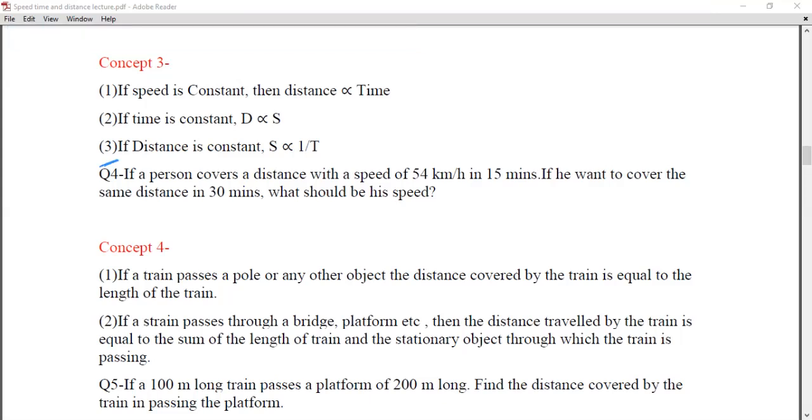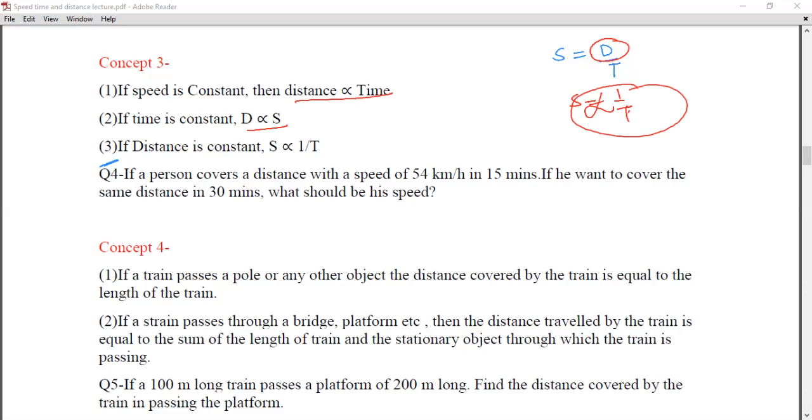Whenever distance is constant, speed is proportional to the inverse of time. As you can see, the formula for speed is distance over time. They are saying that the distance value is constant, it is not changing, so you can directly take it as 1 by t. So speed becomes inversely proportional to time. And if time is constant, distance is directly proportional to speed. And if speed is constant, then distance is directly proportional to time. So you have to remember this.